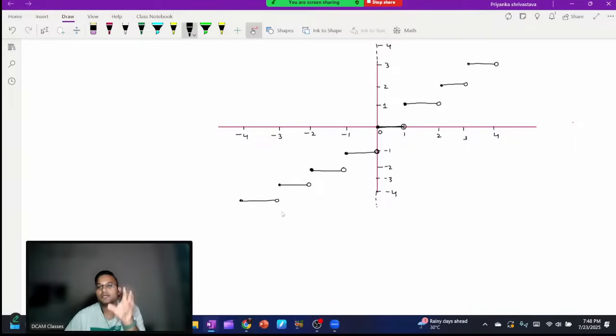But you need to remember what this solid dot represents and what this hole represents. Hole means that x value we are not considering, and solid dot means that x value we are considering. That's all.